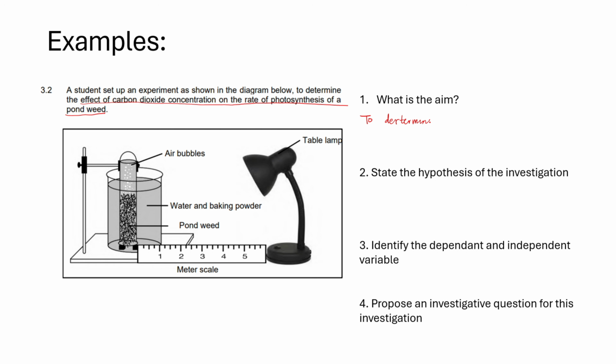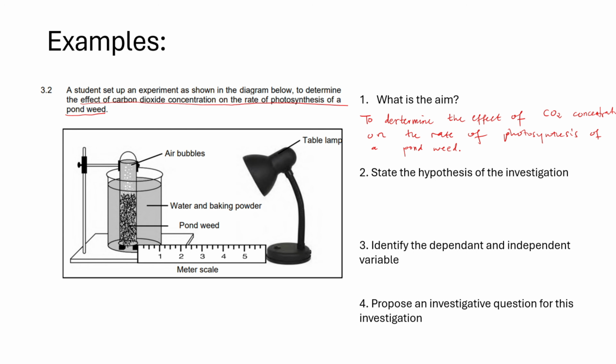So to determine the effect of carbon dioxide concentration on the rate of photosynthesis of a pondweed. So this is the aim of an investigation.